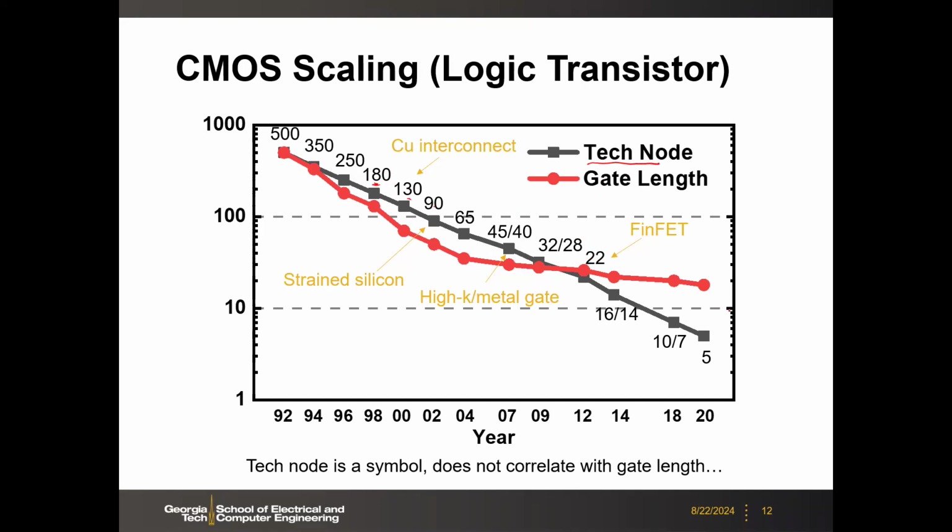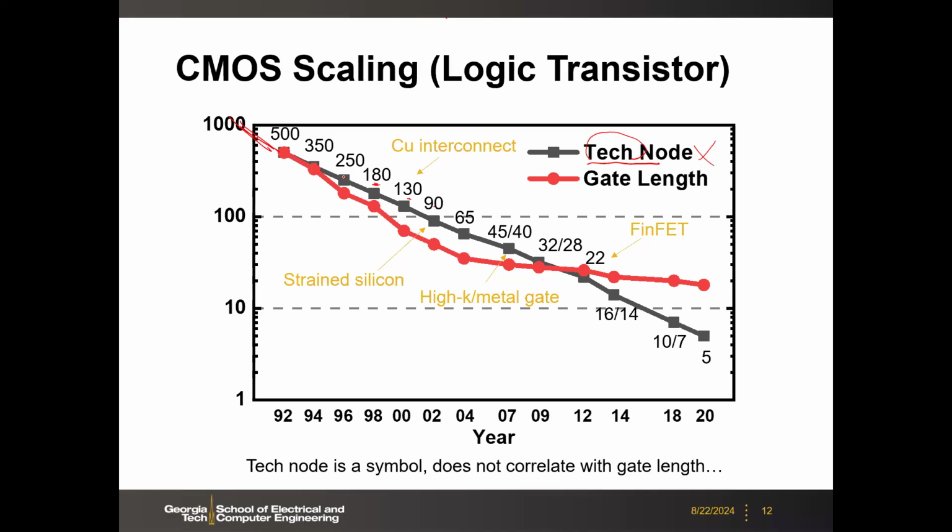Moore's law follows the scaling. But I have to emphasize this tech node does not mean anything. In the old days, above like 300 nanometer, even in the 1970s and 1980s, the tech node and the physical gate length correlated with each other.